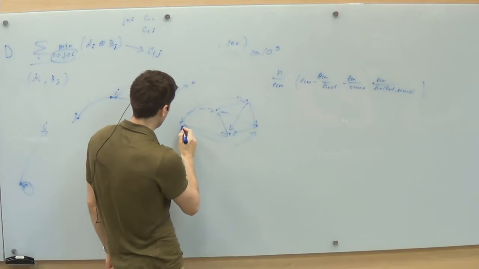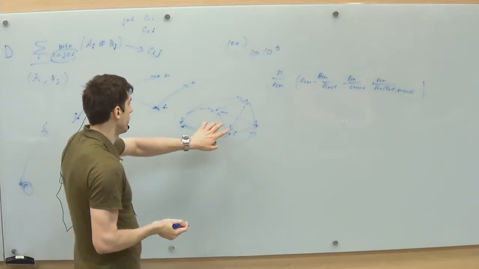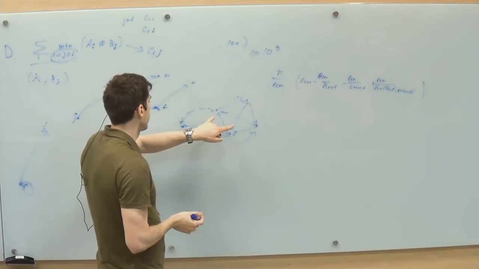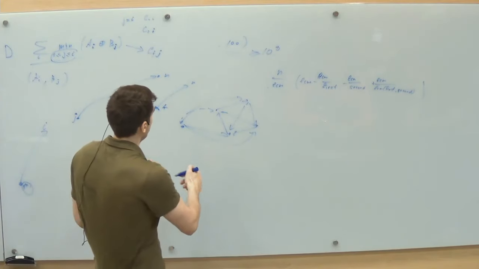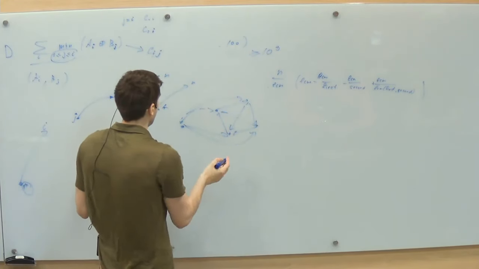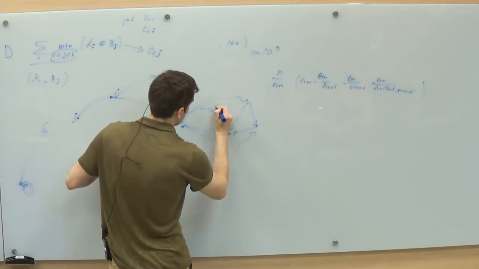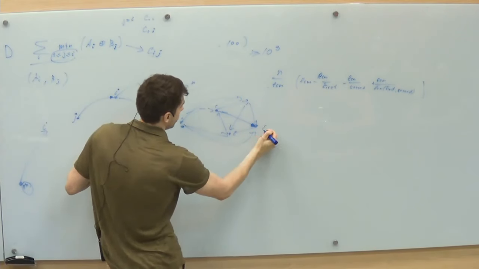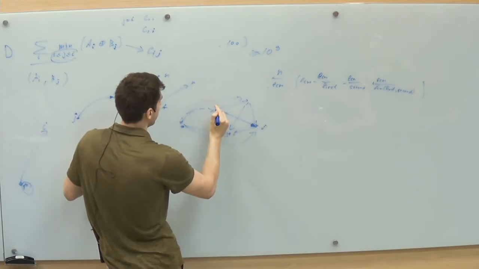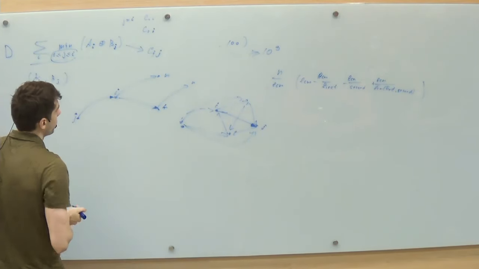We have a complete graph. So for each pair of vertices, we know what would be the cost of drawing an arrow or picking the one index like this i j.